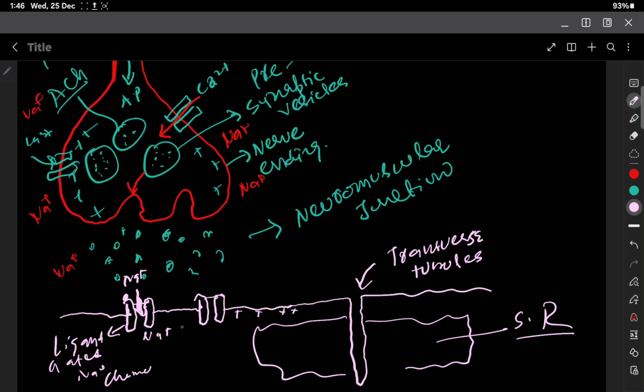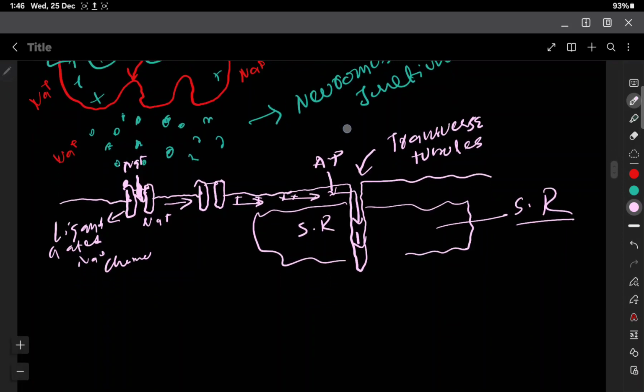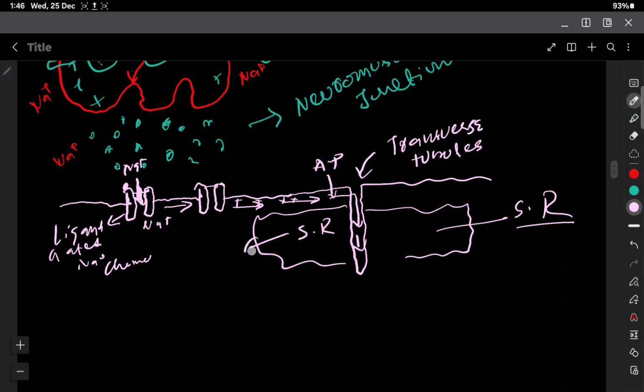And this action potential, which was coming from the neuron, will propagate through here and reach the transverse tubules. So this is the action potential, which will reach the transverse tubules and the sarcoplasmic reticulum. What is the function of the sarcoplasmic reticulum?